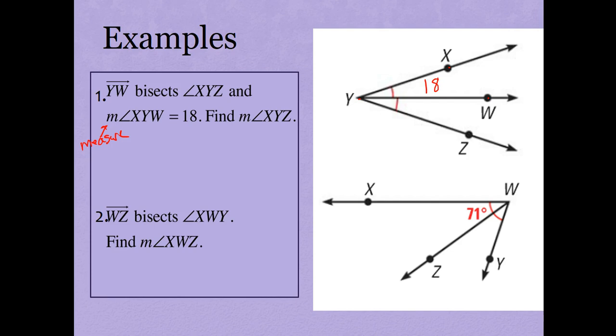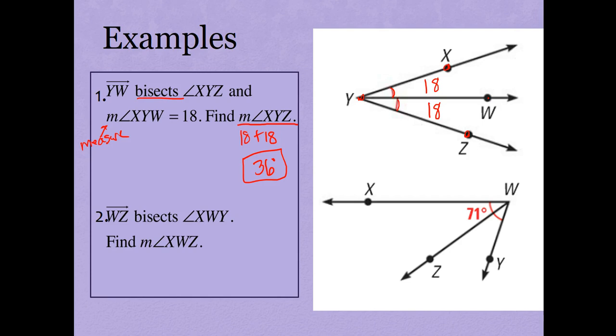Find the measure of angle XYZ. They tell me that it's bisected, and you can also see that in the picture here. This arc and this arc are the same, so that means this part down here is also 18. So the measure of angle XYZ, which is the big angle, is just 18 plus 18, which is 36 degrees.